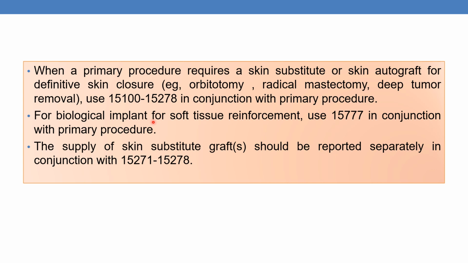And for biological implant for soft tissue reinforcement, use 15777 in conjunction with the primary procedure. The supply of skin substitute grafts should be reported separately in conjunction with closure codes 15271 to 15278.